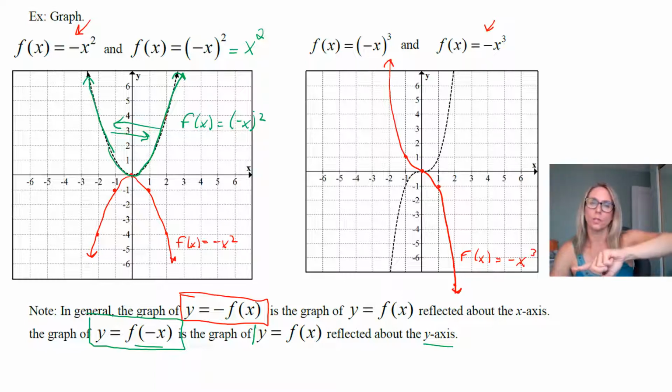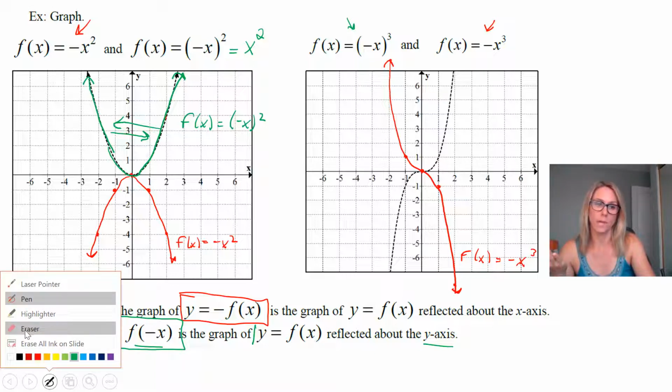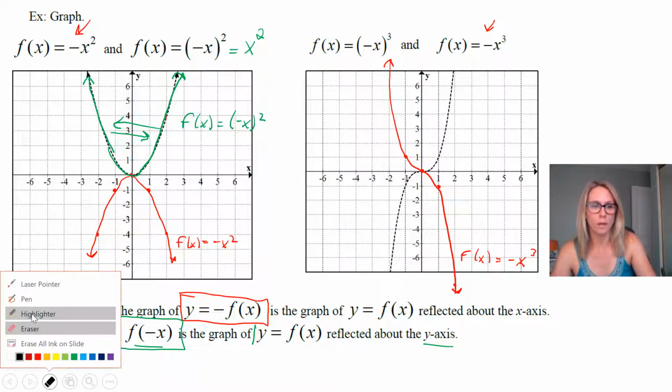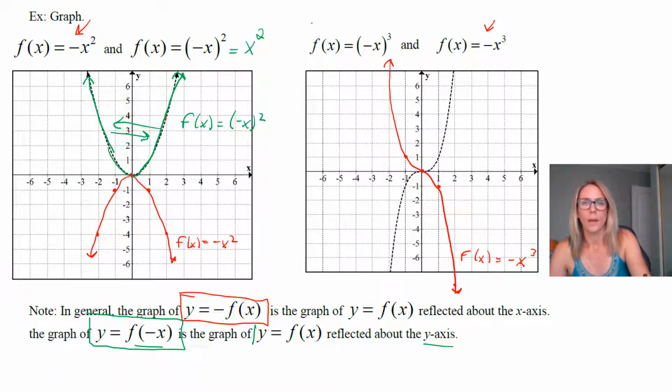For the x cubed, now I'm going to put in a negative. Now I'm dealing with this situation. Understand that that is just what you get when you do negative x times negative x times negative x. And because it's cubed, that will give us still, and I'll write it up here because of space, negative x cubed. But it is a reflection over the y-axis.